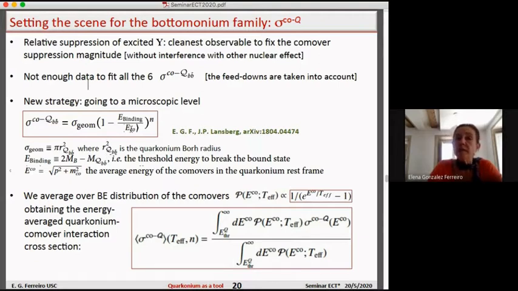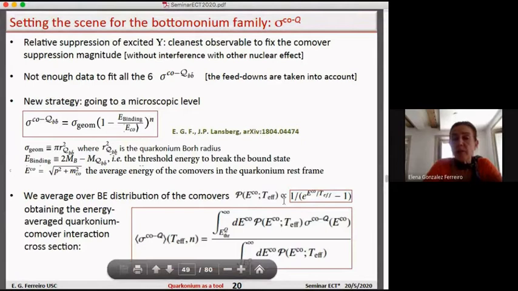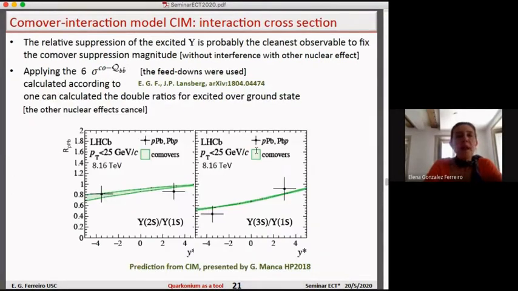And we do an average of this over a Bose-Einstein distribution of comovers. Like this, you can obtain all the cross sections you want for all the charmonium or bottomonium states. You have two parameters: one here and another here that corresponds to the temperature of the collision.